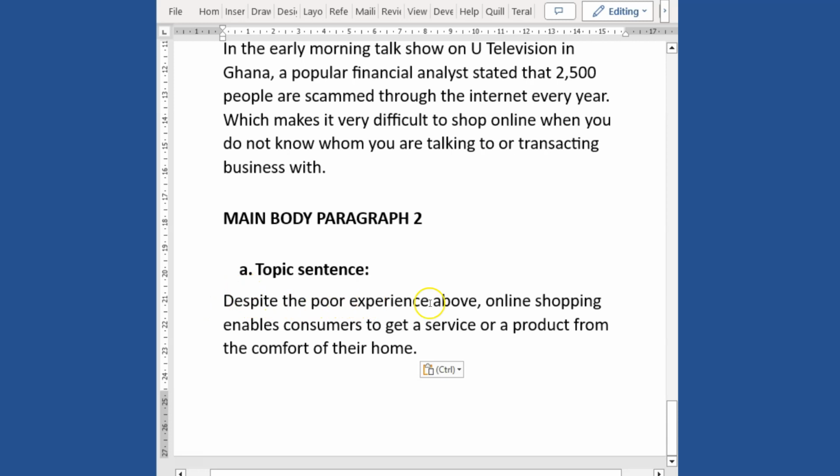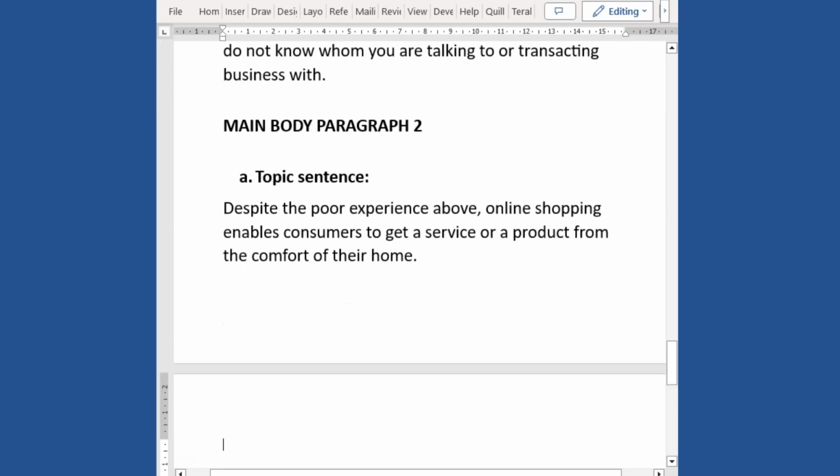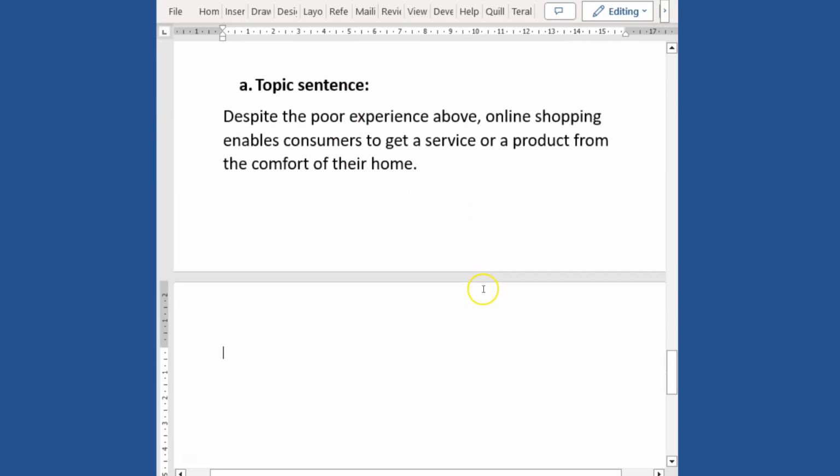So despite the poor experience above, online shopping enables consumers to get a service or a product from the comfort of their home. So this shows how convenient it is. Being in the comfort of your home, you are getting everything that you need. You don't have to move a toe or stress yourself to get it.